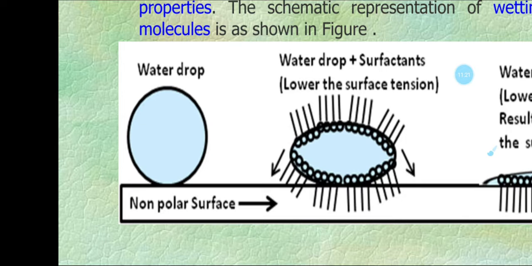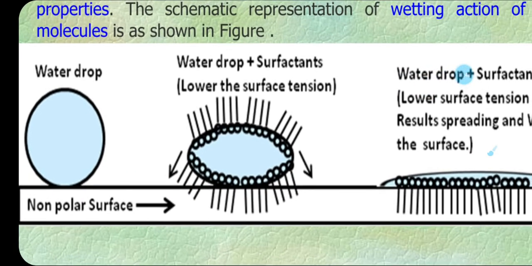Okay, so what happens if you add a surfactant? What happens if you add the surfactant in the water? For example, if you spray water on the non-polar part, water will form drops, right? So in the second case, if you add surfactant in the water and spray it, what happens?